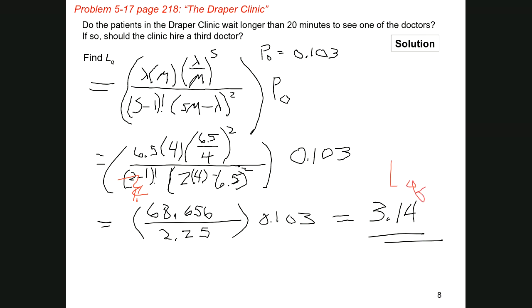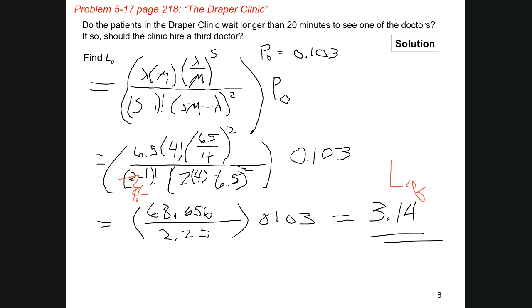If I asked you to interpret that, on average there would be 3.14 customers or patients waiting in the Draper Clinic waiting room. So that means on average there's 5.14 in our system.